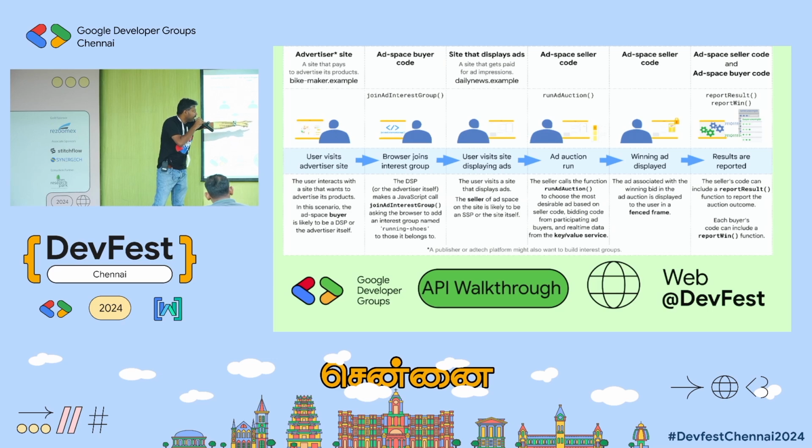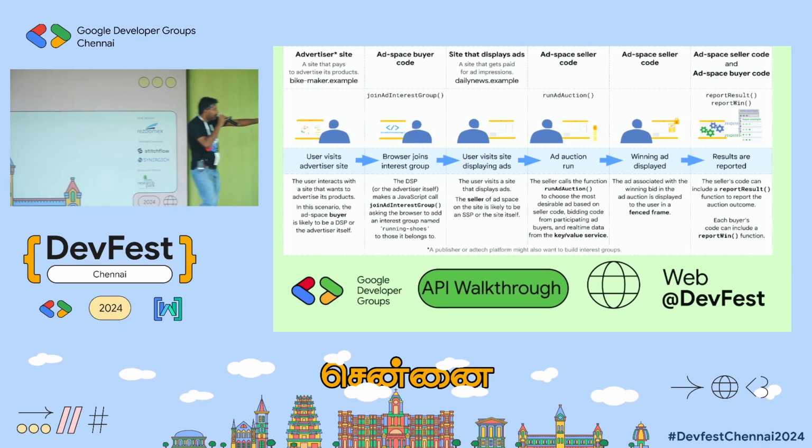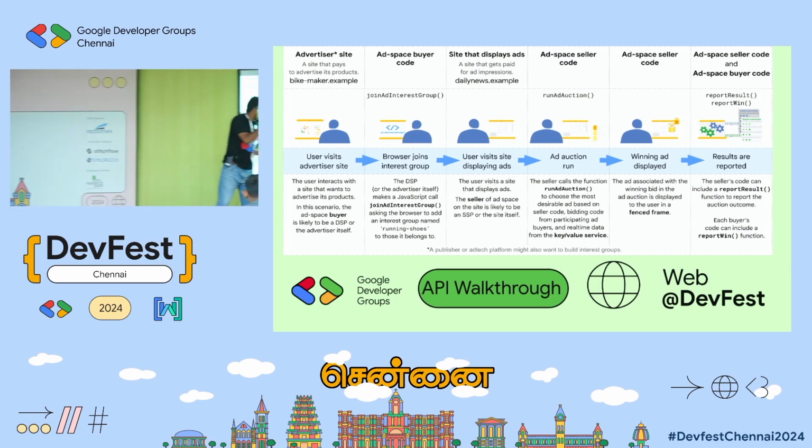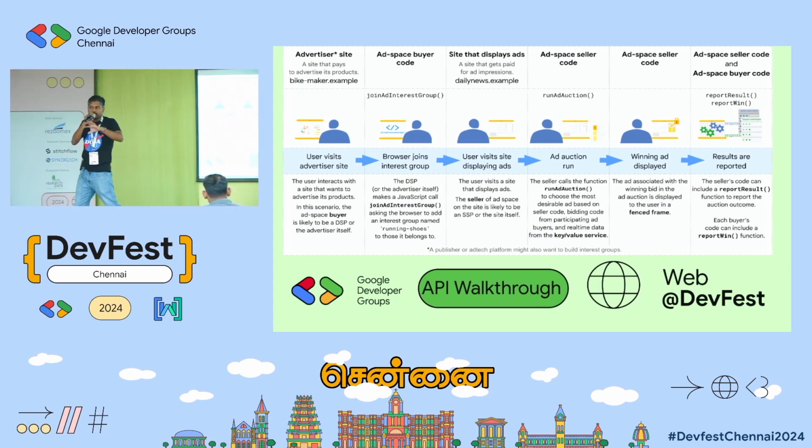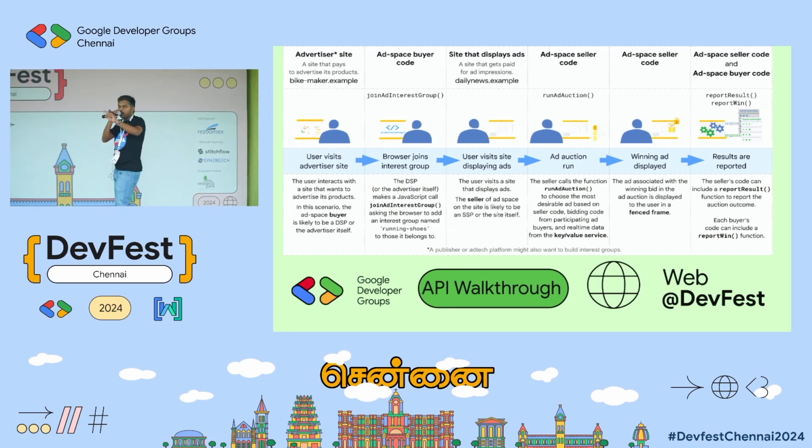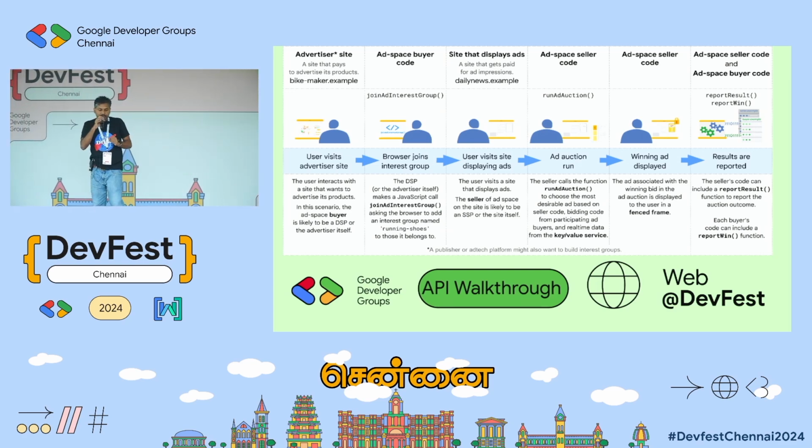When that happens, the ad acquisition happens in the browser. And then the reporting result is there. If you see the last step, that is where the attribution comes in. Someone has won the bid, and those attribution information will be sent to both the DSP and SSP.